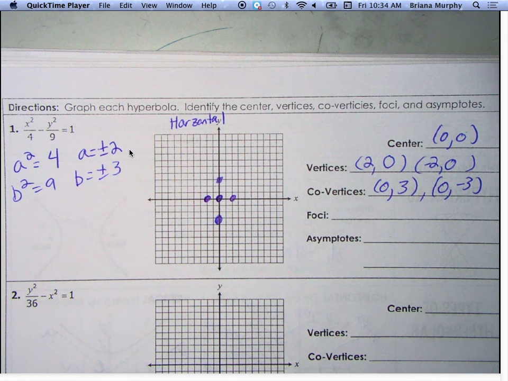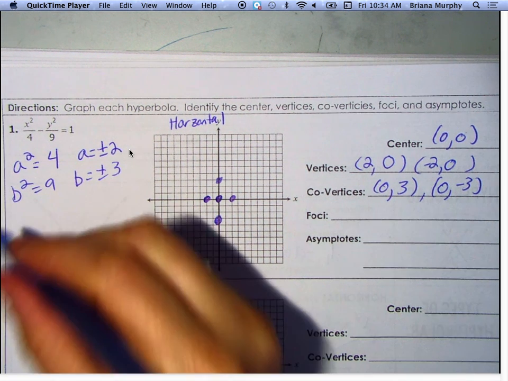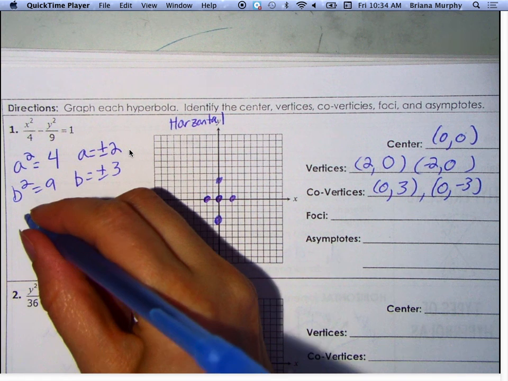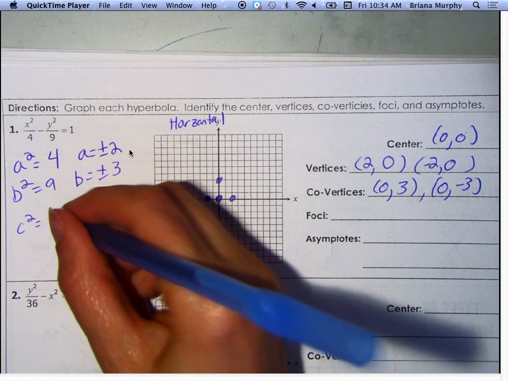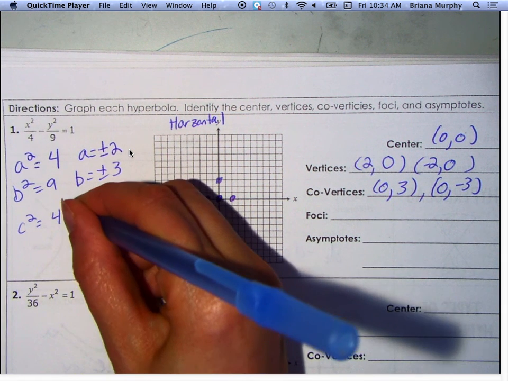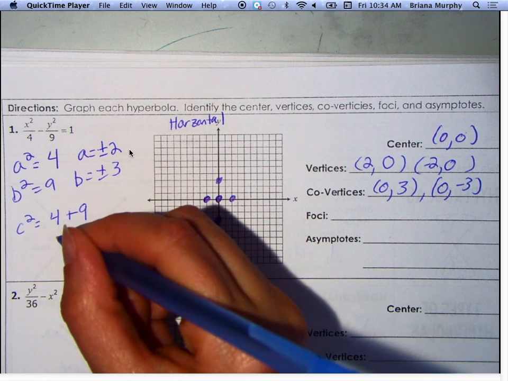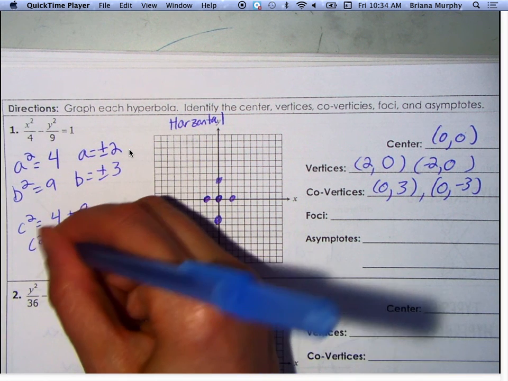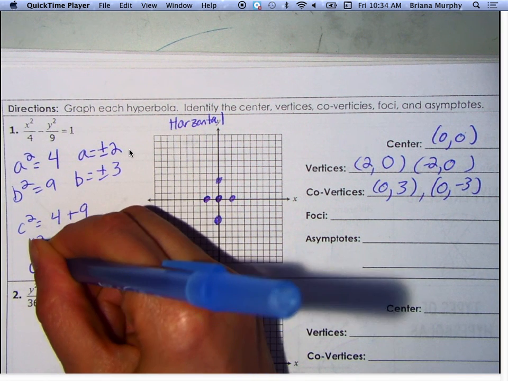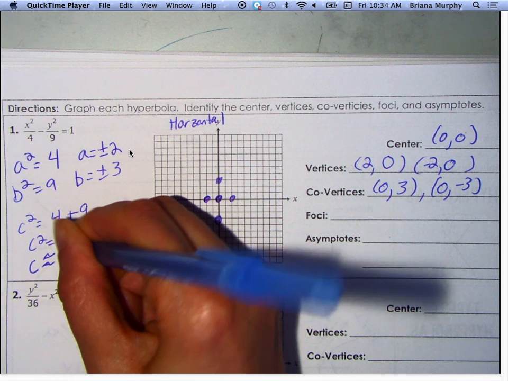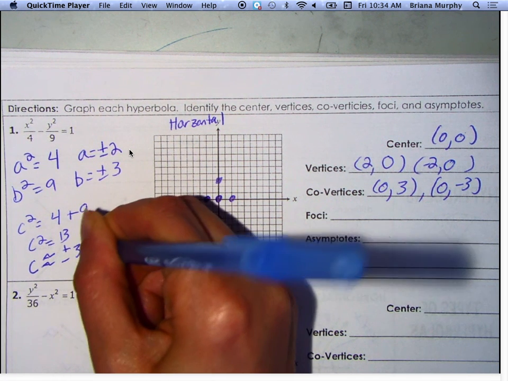Now I need to graph my focus points. What are they? I'm going to have to do c squared equals a squared, which is 4, plus b squared, which is 9. What's 4 plus 9? C squared equals 13, so c is approximately plus or minus 3.61.